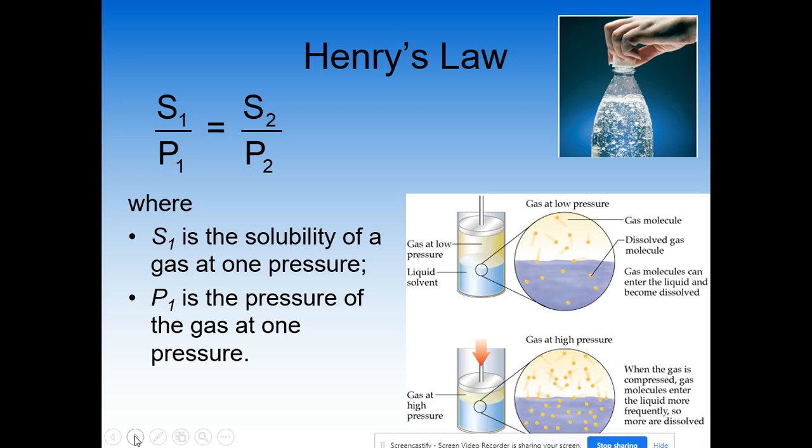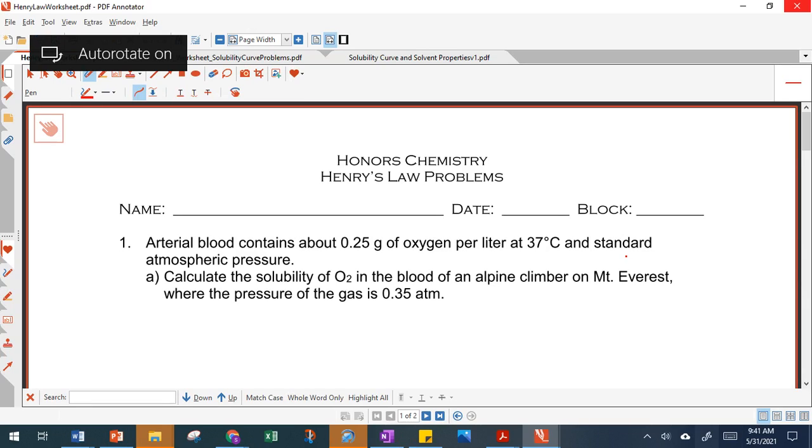Okay, so I want to look at some problems using Henry's law, and you will have a Henry's Law worksheet for homework. Here's a Henry's Law worksheet. This is under classwork, for those of you that are online; those of you in class should have a copy of this. In a problem like this, you will have the solubility, and sometimes it will be grams per liter, sometimes moles per liter.